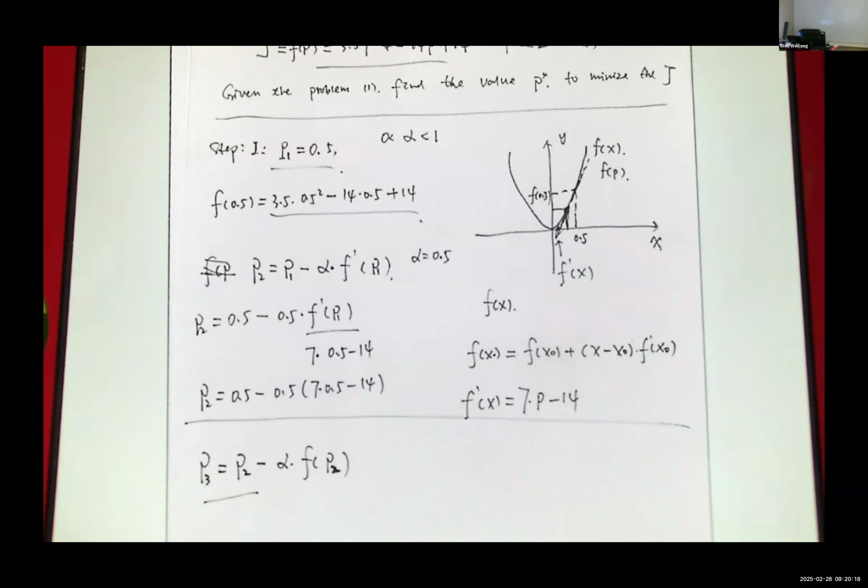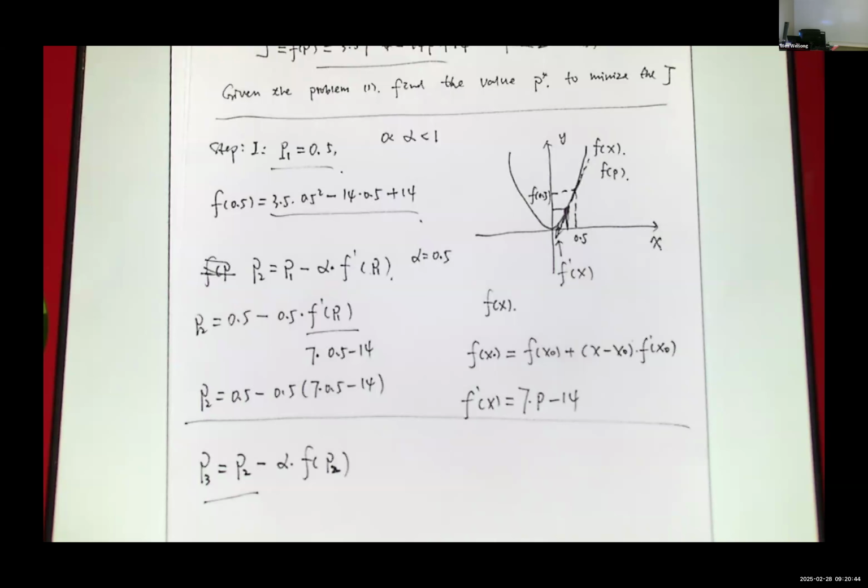The learning rate alpha represents how fast you go down. If you set alpha to a very big value, it will go down immediately, but it will fluctuate. So usually we set an empirical value like 0.5 or 0.6 to make sure it gradually decreases.